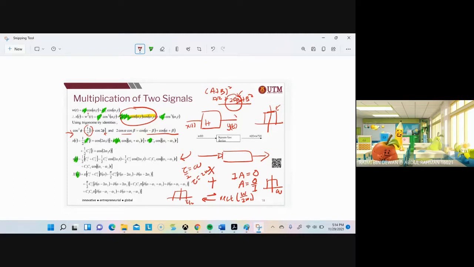But if you notice our signal, okay, partly true, Chitong, because I forgot there are 2 signals.